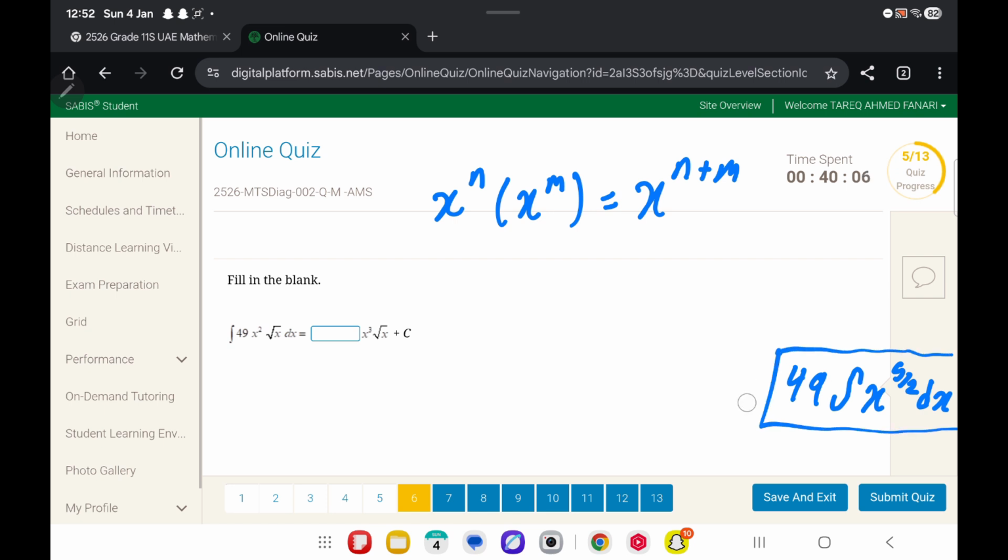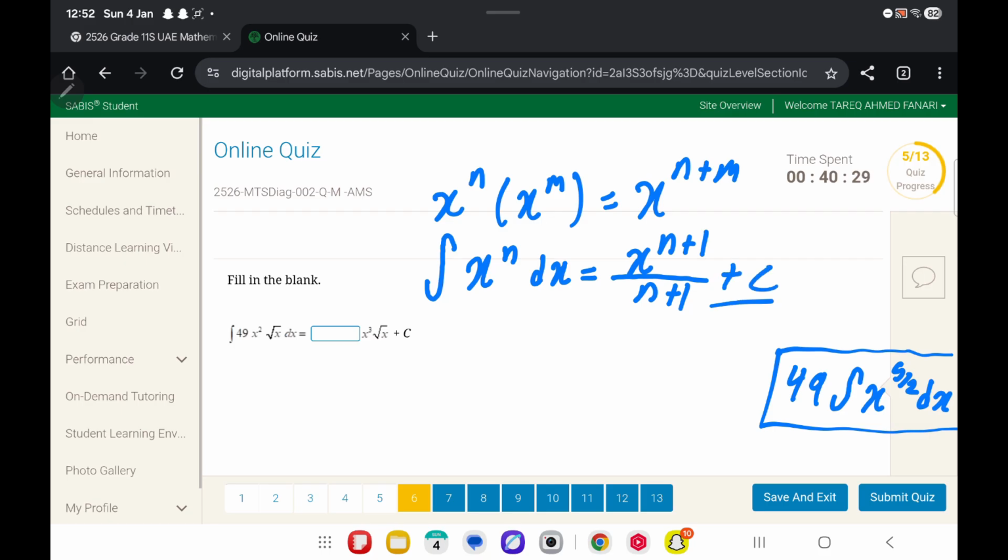Now, how do we do this? The rule for the integral is, if you have the integral of x to the power of n dx, don't forget the dx, you essentially add 1 to the power, so n plus 1, and divide by the new power, n plus 1. This is the integral, and don't forget the plus c. So now we can do this.